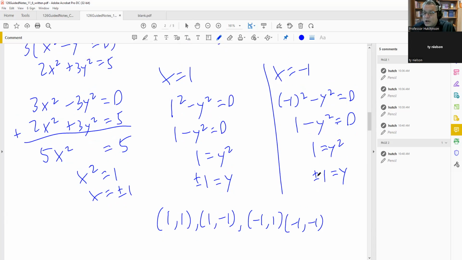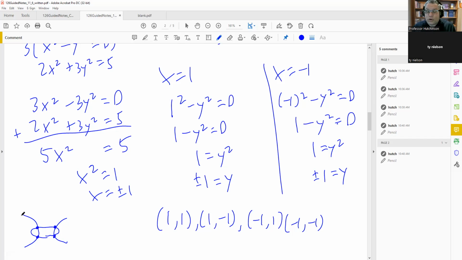The reason why, by the way, is, I'm just going to show you a super rough sketch. Essentially what you have here is a hyperbola and an ellipse. Both of these are graphs that you're not expected to know how to draw, but you would get these 4 points of intersection if you were to look at the graph.